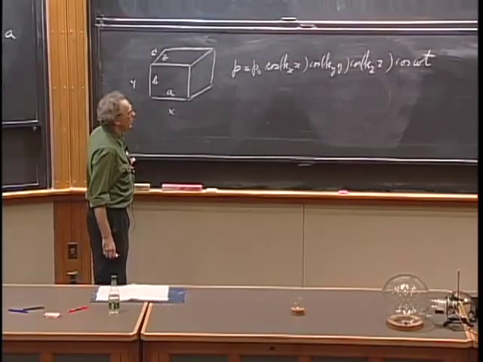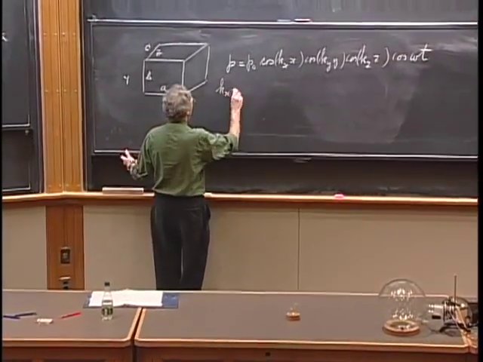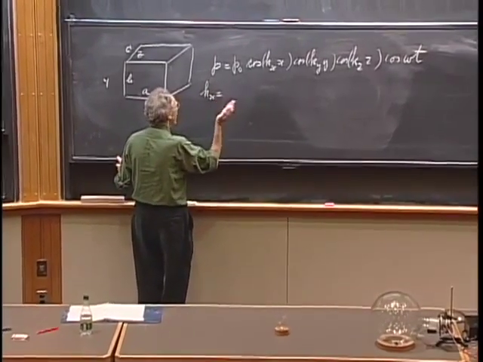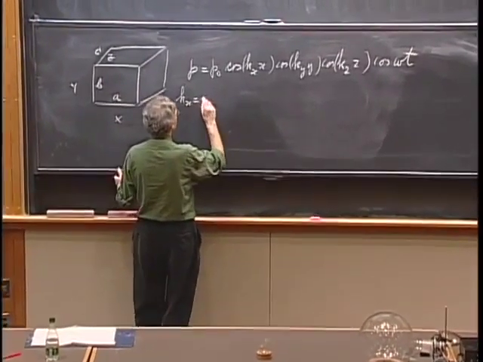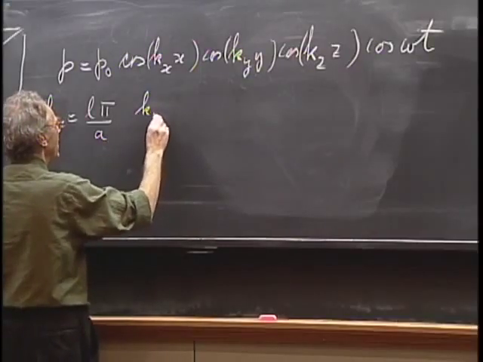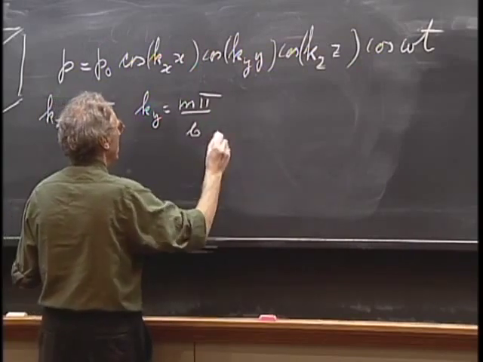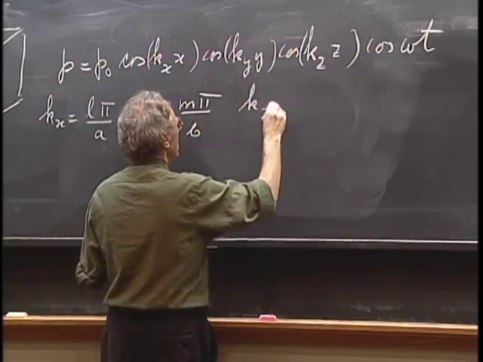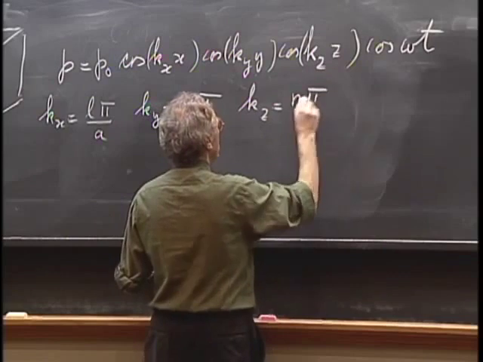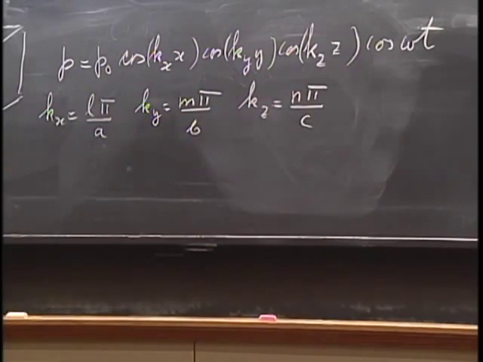And so the boundary condition now demands that kx can now only have unique, discrete values, which is l pi divided by a. Ky can only be m pi divided by b, and kz can only be n pi divided by c. If not, then the boundary conditions are not met, and then I don't have antinodes at all the surfaces.